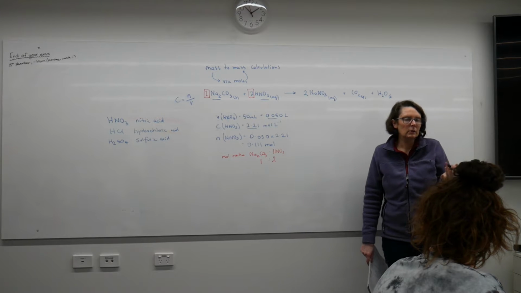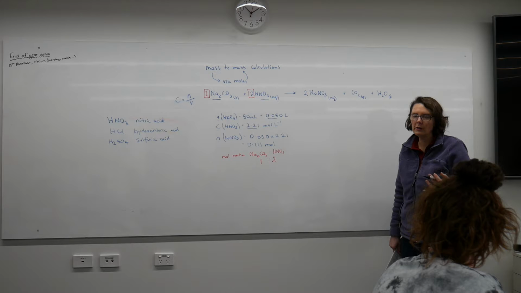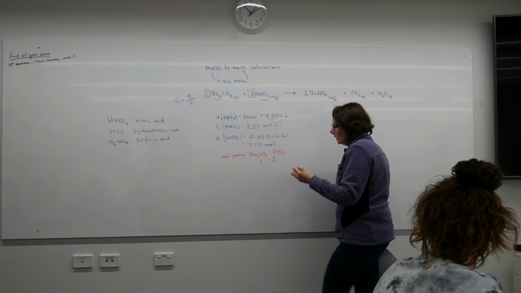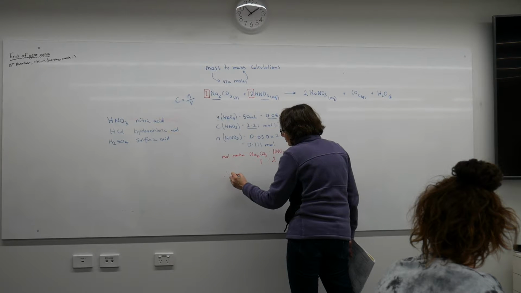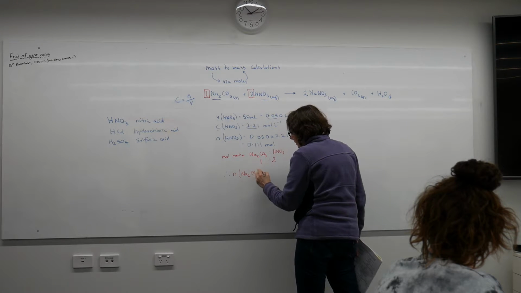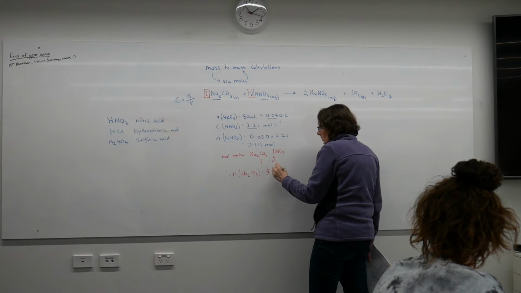That means I need twice as many moles of nitric acid as I need of the sodium carbonate. So therefore, the moles of sodium carbonate is going to be 1/2 times 0.111.